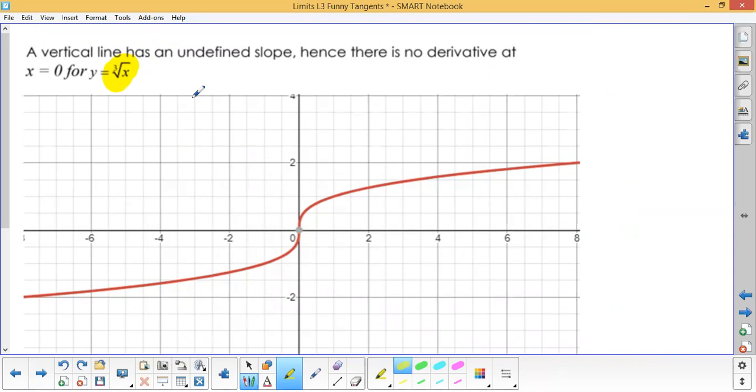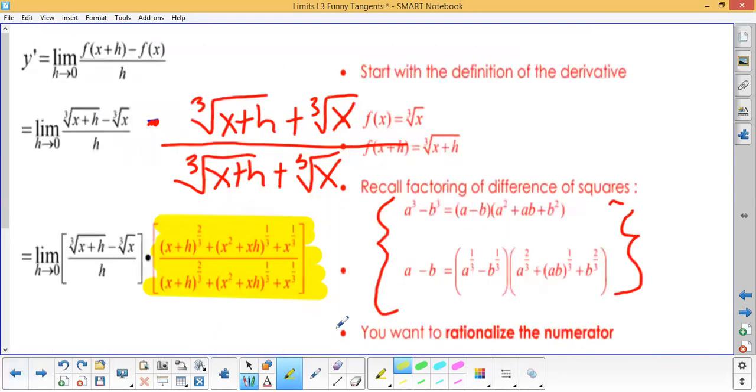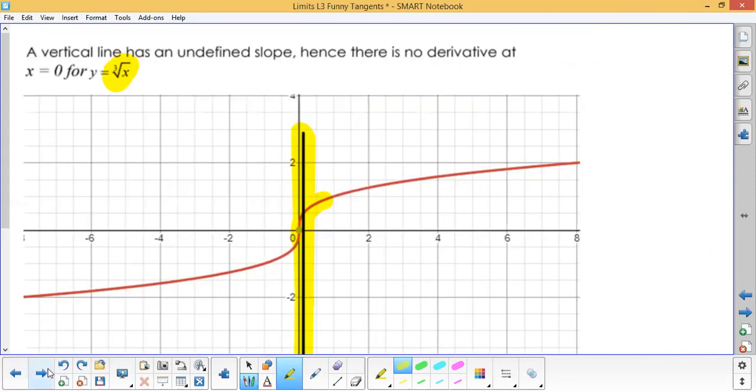So as we're approaching 0, you'll see that the tangent line actually becomes x is equal to 0, a vertical line that has an undefined slope. Any vertical line has an undefined slope. So the limit doesn't actually, well, sorry, what does it say here? There is no derivative at x is equal to 0.